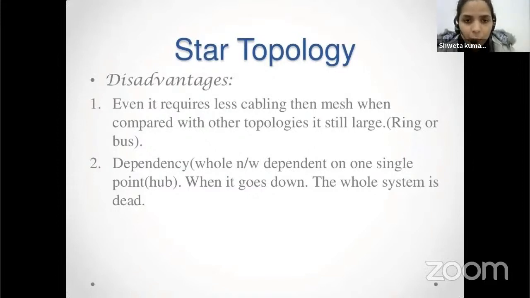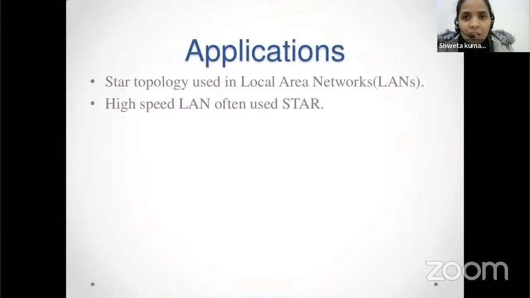There is dependency. When the hub goes down, the whole system is dead. Basically, if a hub gets destroyed or damaged, our whole network will go dead. As for applications of star topology, it is used in high-speed LANs. Star topology is used in local area networks.